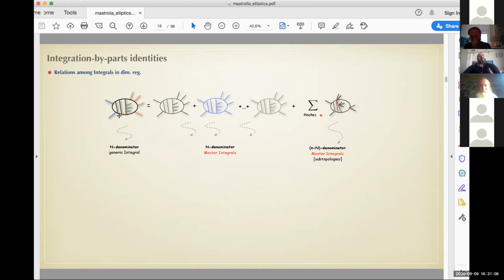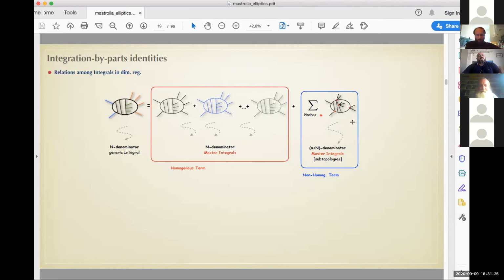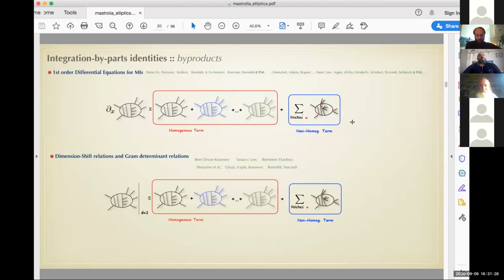The solution allows us to express a generic integral in terms of a set of integrals that may have the same number of denominators as the original one, or lower, simpler ones. So the master integral decomposition happened to be extremely useful, and still is, in order to derive differential equations and recurrence relations for master integrals as an alternative way of determining them.